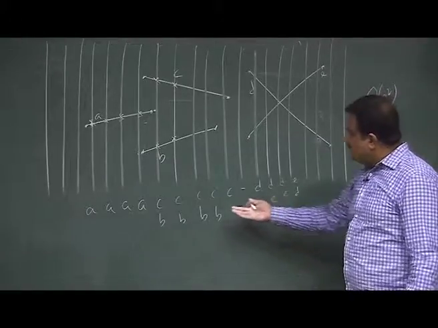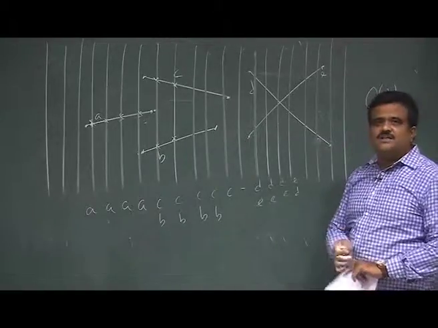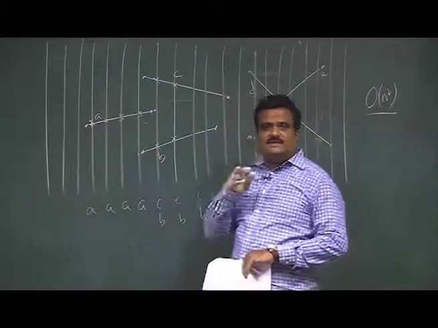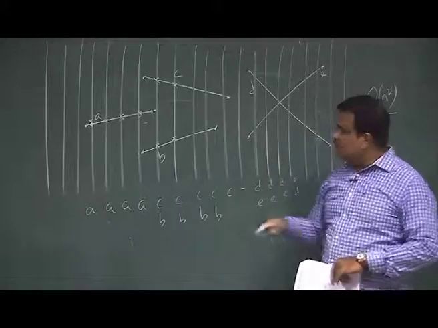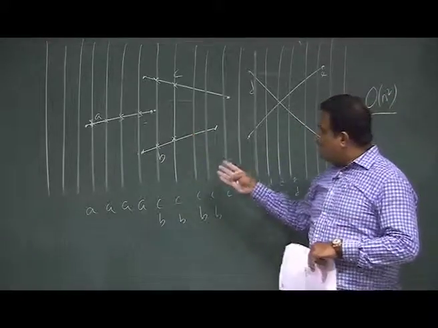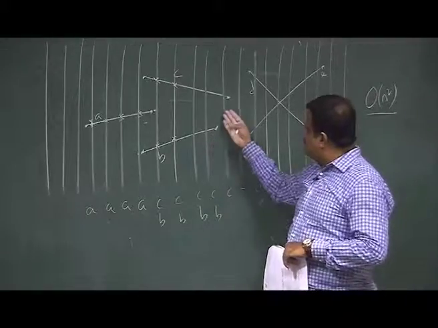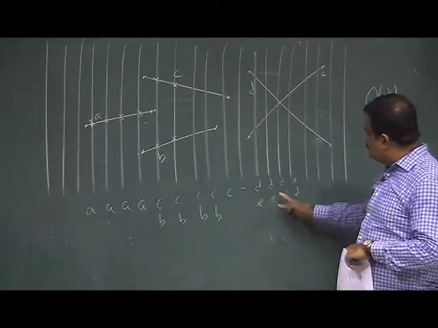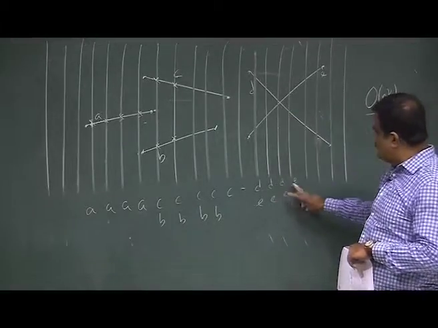Now, this value will change in three conditions: either when a new line segment has joined, or when a line is finished, or when there is an intersection.